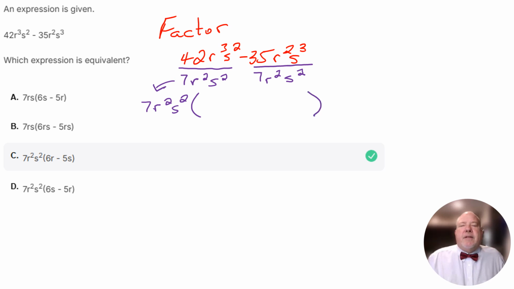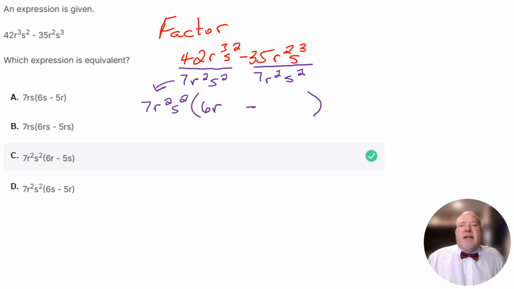And then in the parentheses, I'm going to put what I get after I divide that out. So 42 divided by 7 gives me 6. R to the third divided by r to the second. Remember, you subtract the exponents, 3 minus 2, so it would be r to the first. I don't need to write the exponent of 1. I can just write r.